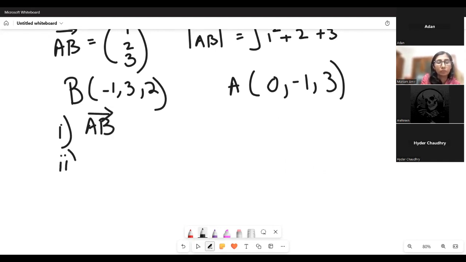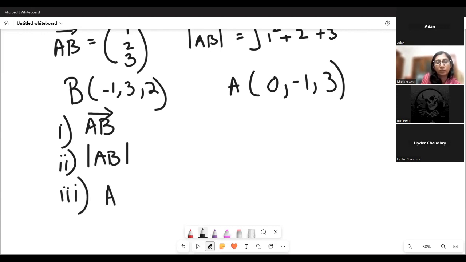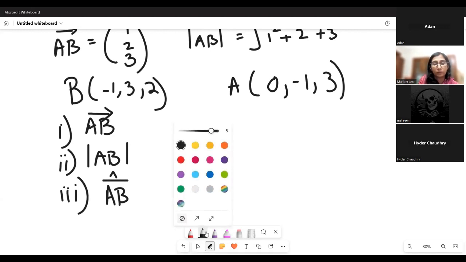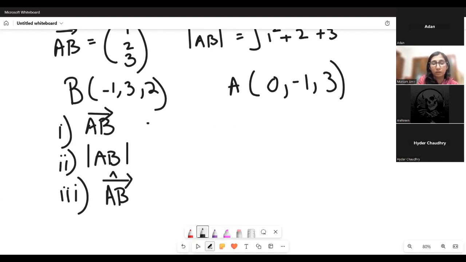Part 2, magnitude of AB. Part 3, unit vector AB. इसके भी बाद में बात करते हैं. What is a unit vector? Okay. So how would we find AB?